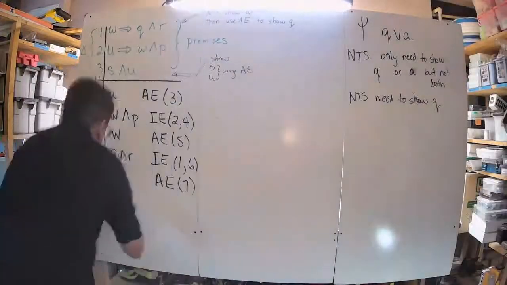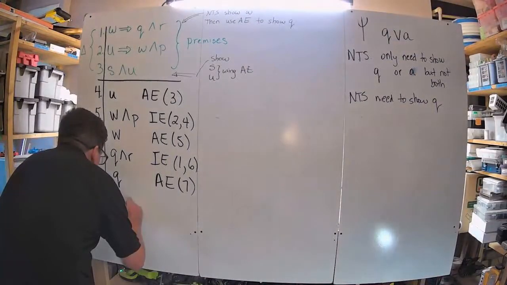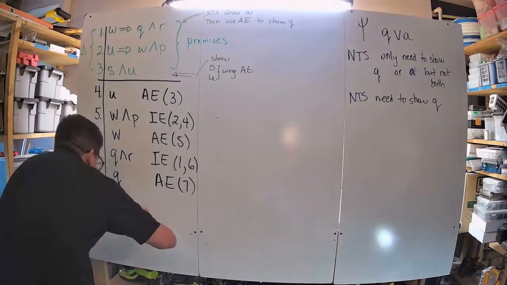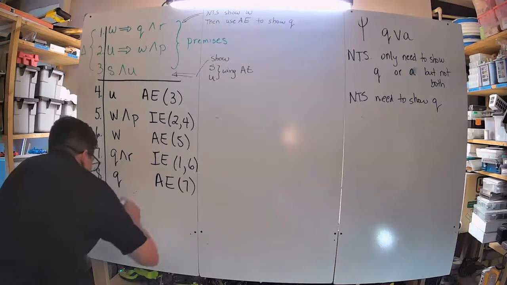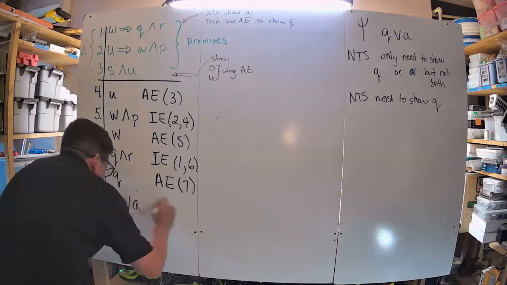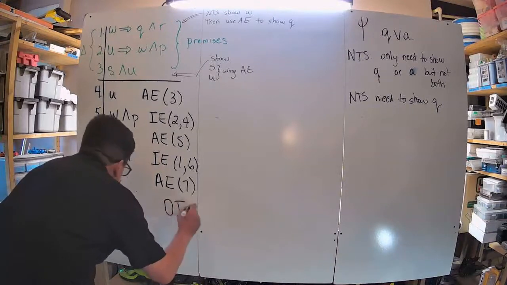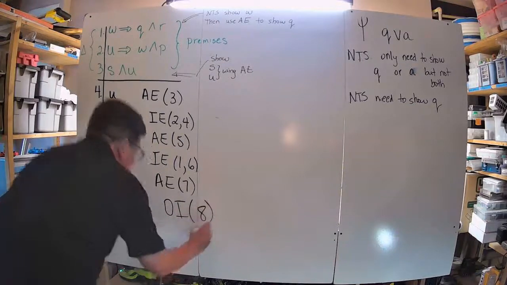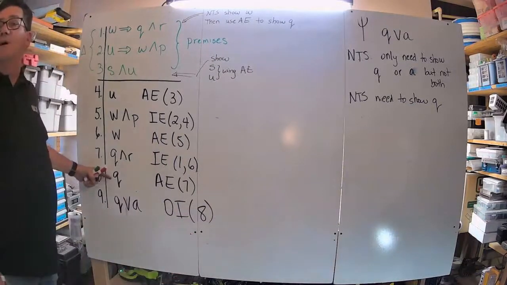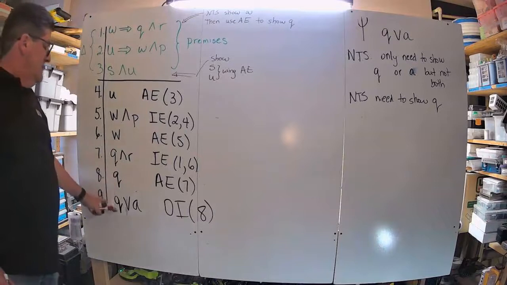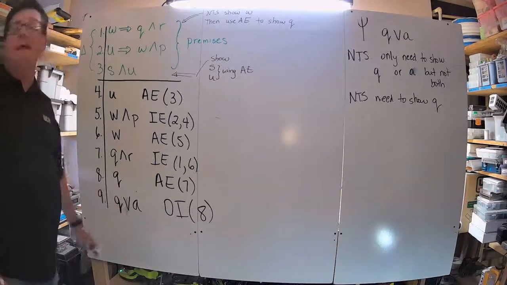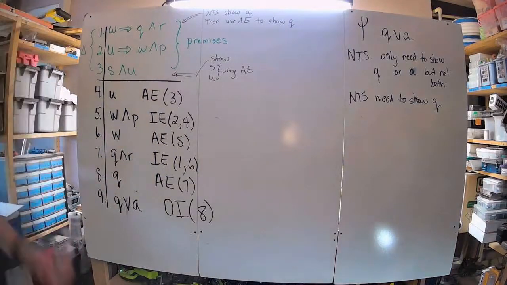So Q or A using or introduction on step 8. Because remember, if we know that one proposition is true, then the disjunction, the or statement, with any other thing is also true. So yay, I think I've proven it.